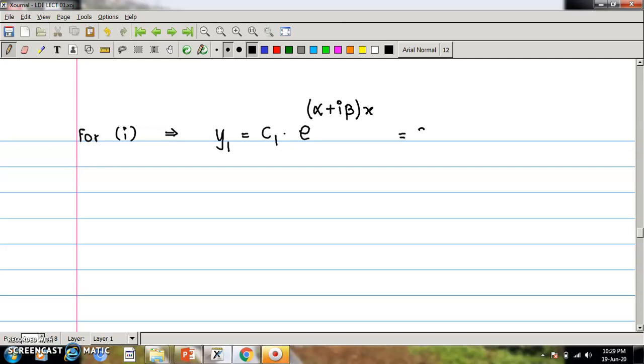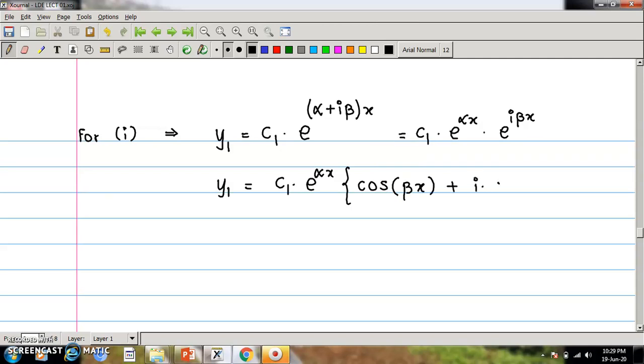We can rewrite this as c1 times e raised to alpha x into e raised to i beta x. By using Euler's formula, e raised to i theta is cos theta plus i sin theta. So this will be your solution for equation number 1.